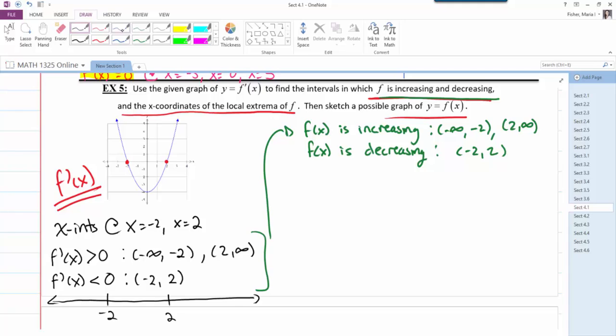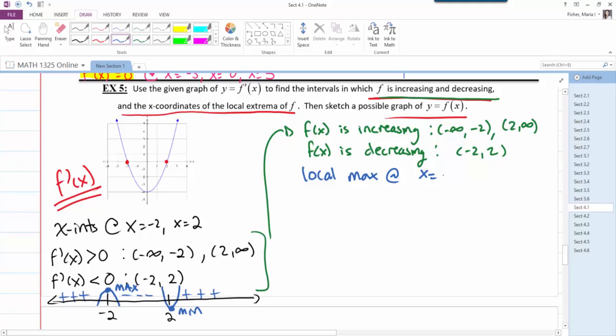If I am increasing and then decreasing and then increasing, do I have local extrema? If you're increasing and then you're decreasing, you have a max. And if you're decreasing and then you're increasing, you have a min. So here, I'm going to have a local maximum at x equals negative 2, and a local minimum at x equals positive 2.